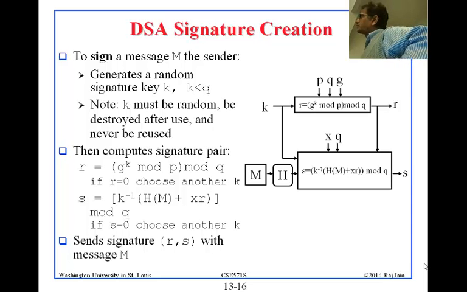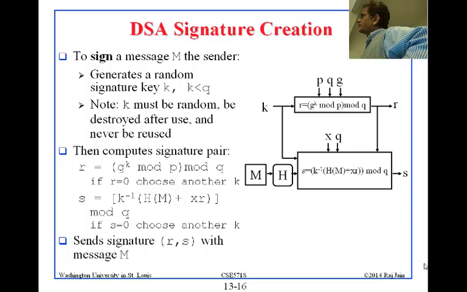Now, I tried to show this in this diagram. This is a variant of what is in the book. Basically, what this says is that m is the message. You give it to the hash function and you get H of m, that number. You also feed to this box X and Q, which are the numbers you have selected. Q is a global number, X is the number you have selected.